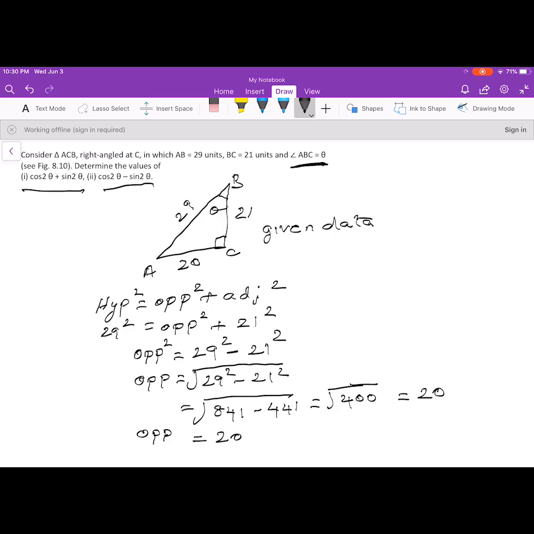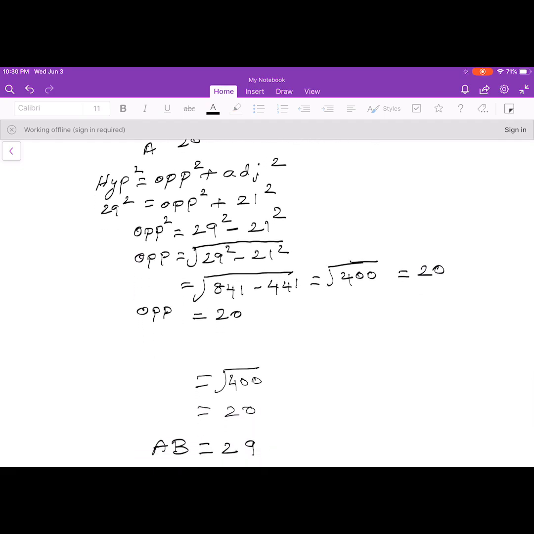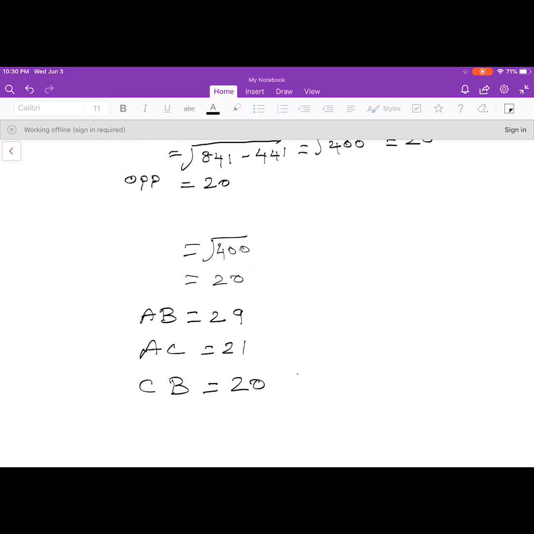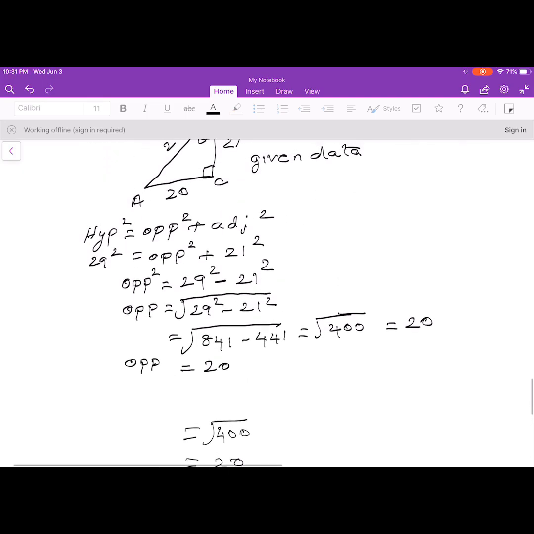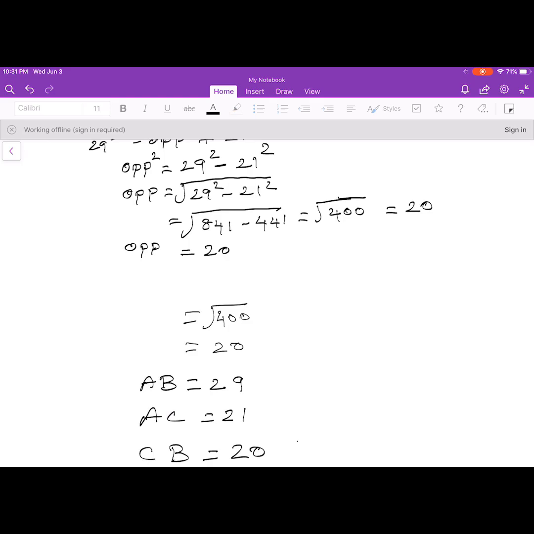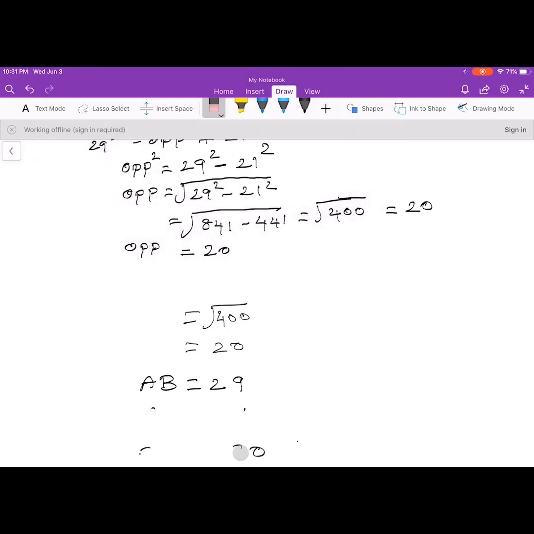So what is my AB? AB is 29. BC is 21. And what is the other thing I have?